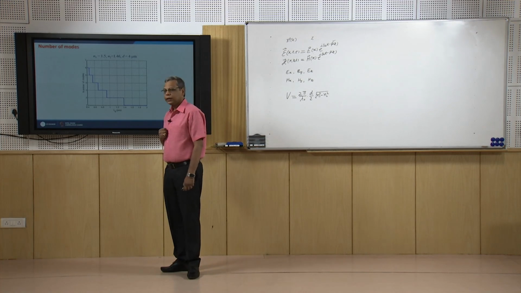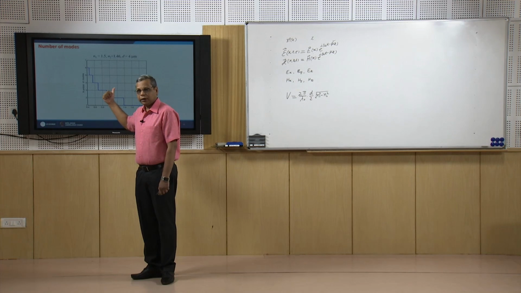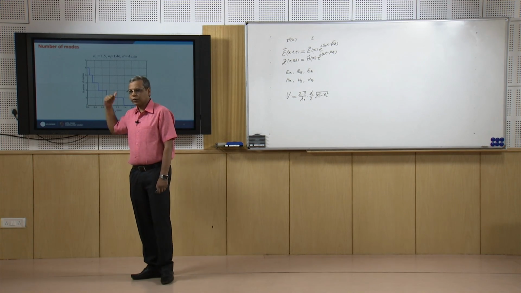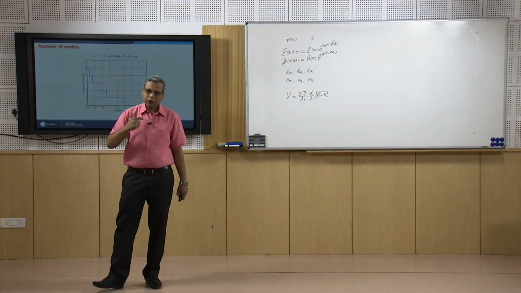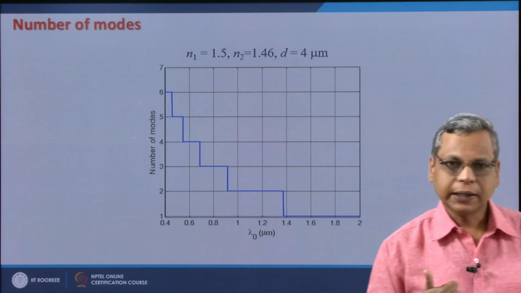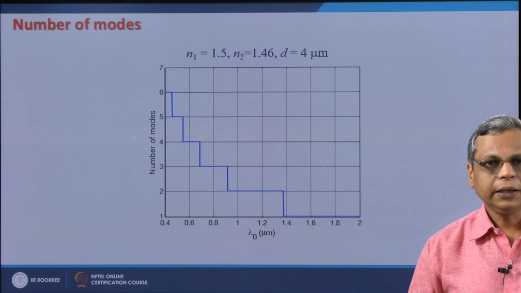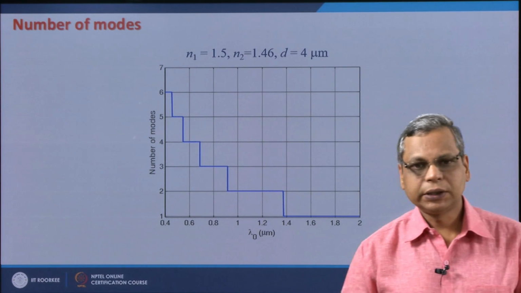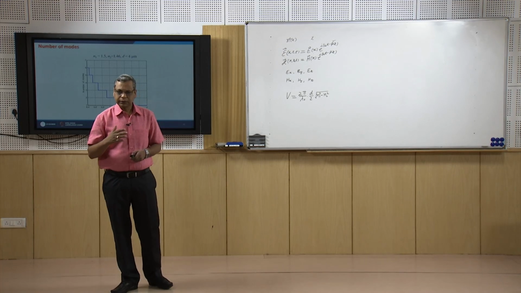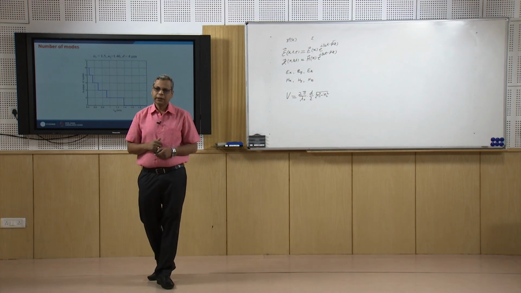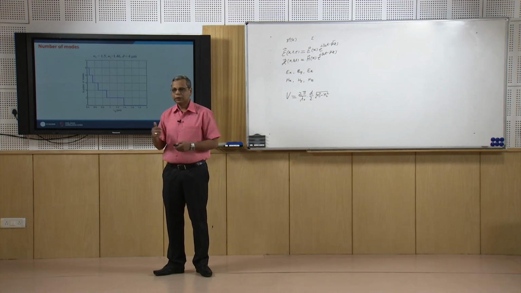So, for that what I need to do now, I have already got the value of beta, but an approximate value of beta. This approximate value of beta I can refine by using numerical techniques. Okay, I can solve the transcendental equation by various numerical techniques, and I can find out a much more accurate value of beta, and from those values of beta I can find out the modal field.